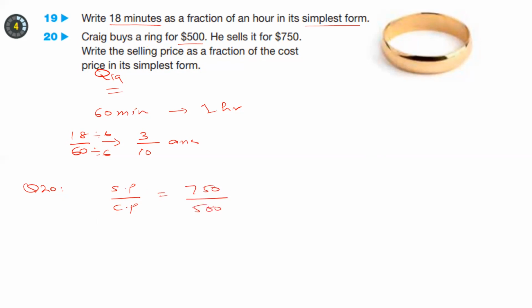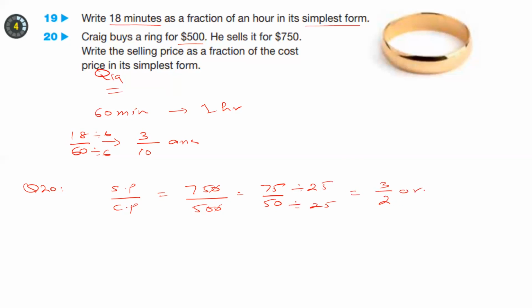Now I keep on dividing. It's going to be a big one. So it's really easy. We can cancel this 0 with this 0. We got here 75 upon 50. Now we find the highest number which divides 75 and 50 together. So if I divide both by 25, we get here 3 upon 2.